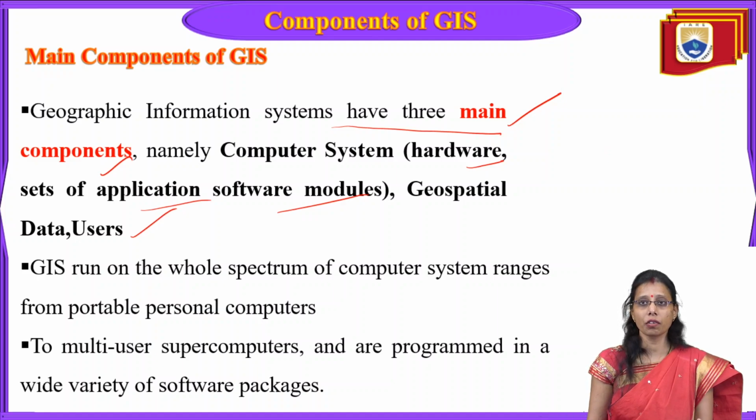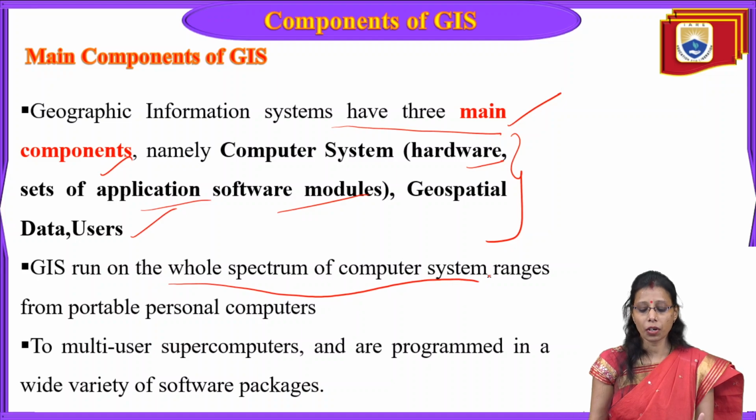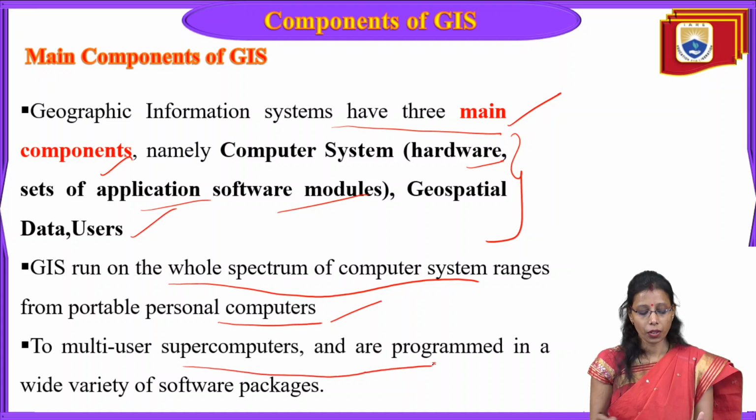Later we can understand in detail the major components out of these main components. GIS runs on the whole spectrum of computer systems, ranging from portable personal computers to multi-user supercomputers, and is programmed in a wide variety of software packages.